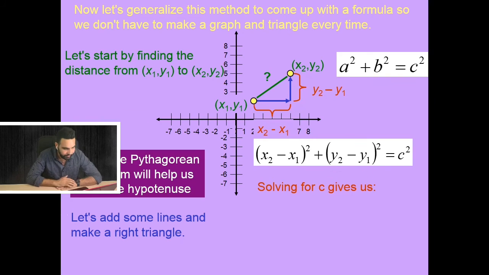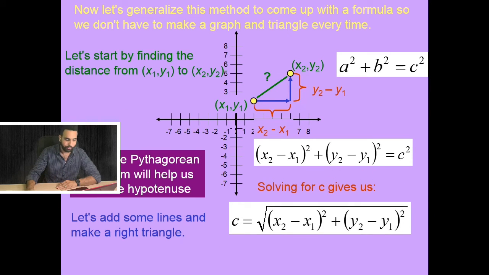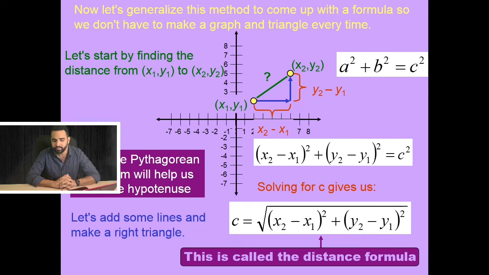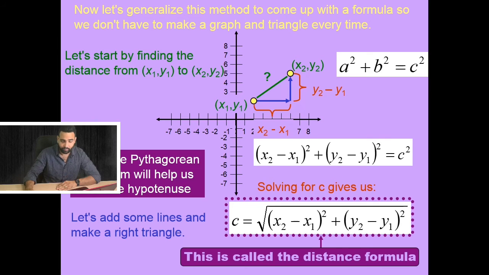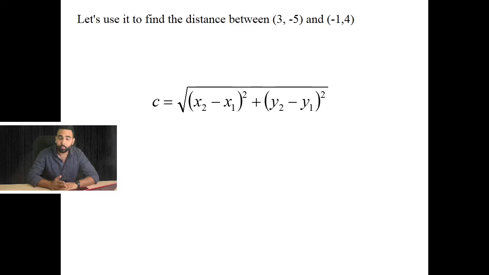To find c, I will take the square root. So c equals the square root of (x2 minus x1) squared plus (y2 minus y1) squared. And here is the formula, okay? This is called the distance formula. We can use this formula to find the distance between any 2 points.